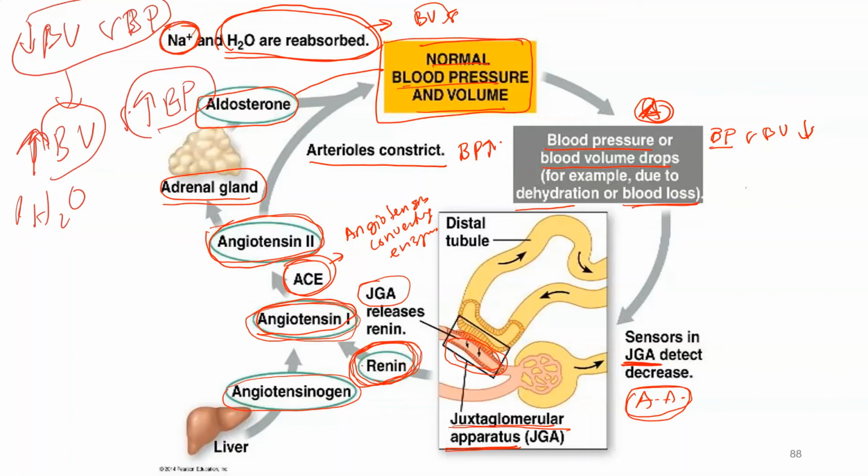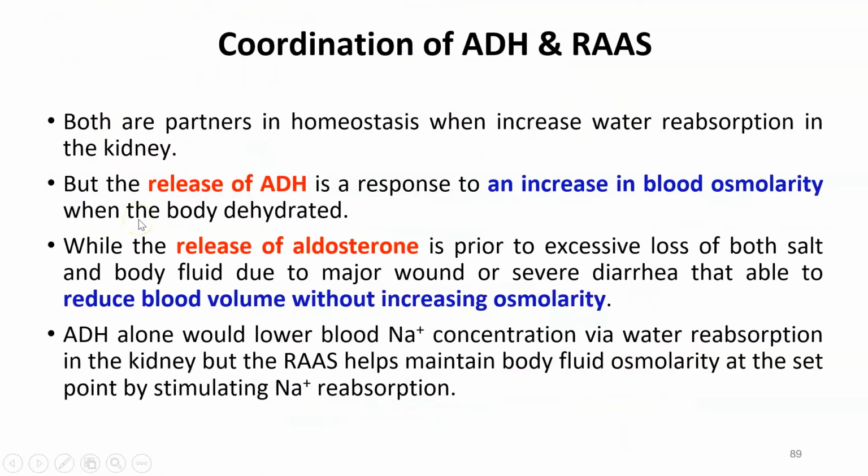So sodium ion will also increase its reabsorption. Okay, so this is how the body maintains the normal blood pressure and also blood volume through this mechanism that involves the secretion of aldosterone from the adrenal gland.